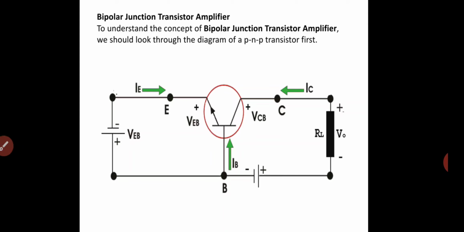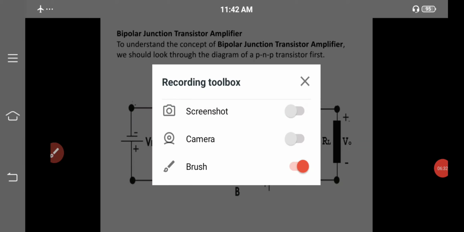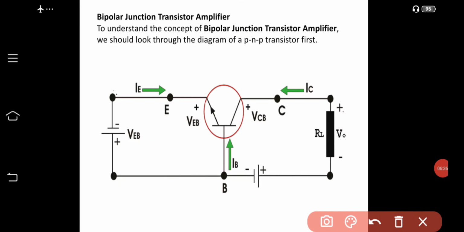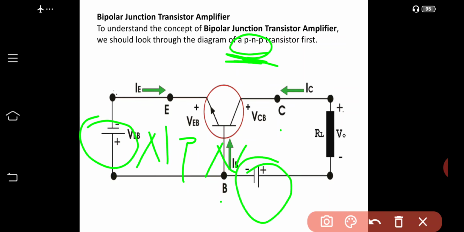It is not PNP, it is NPN type. In PNP, the emitter is P, base is N, collector is P. Then the connections are reversed.